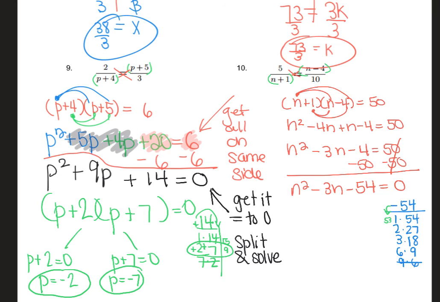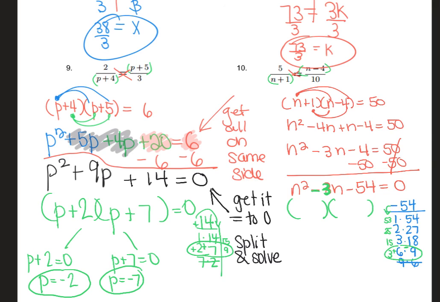Well, I want 3, and I want negative 3. So I want negative 9 and positive 6. So a equals 1, or n equals 1 in this case.